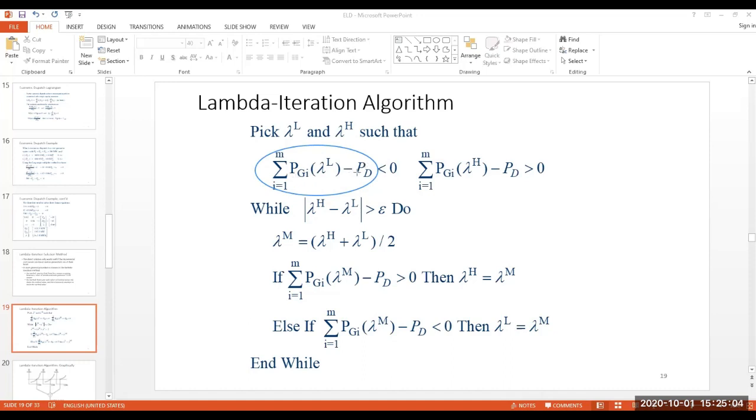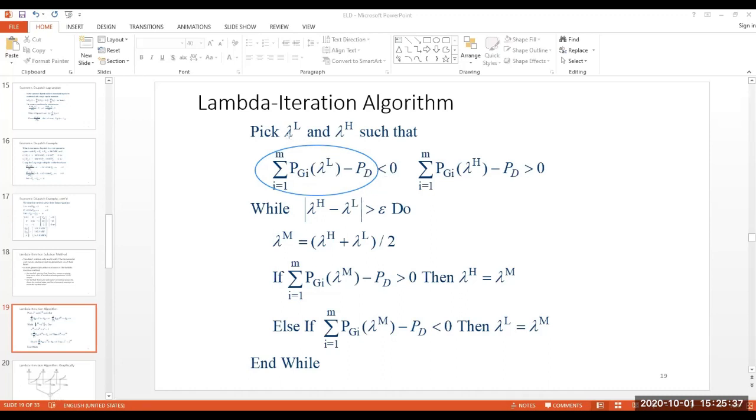Now, because I don't know the exact value of lambda to start with, I have to pick two lambdas for this algorithm. One lambda would satisfy the first condition here. What is the condition? If I put that lambda value in the expression of summation of PG, and subtract PD from that expression, then I should get some negative value.